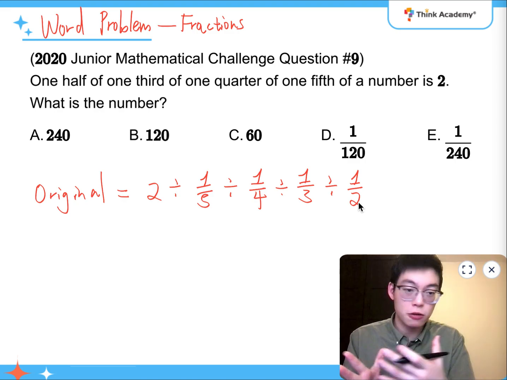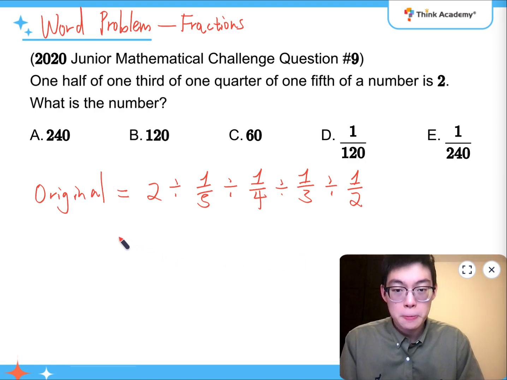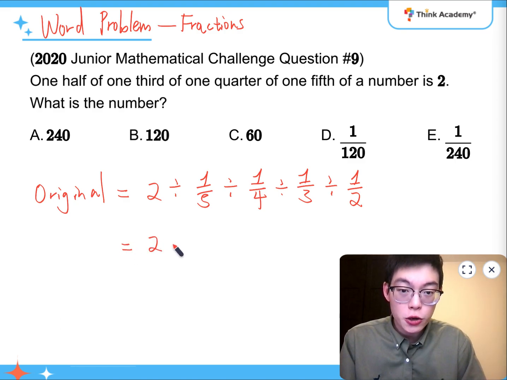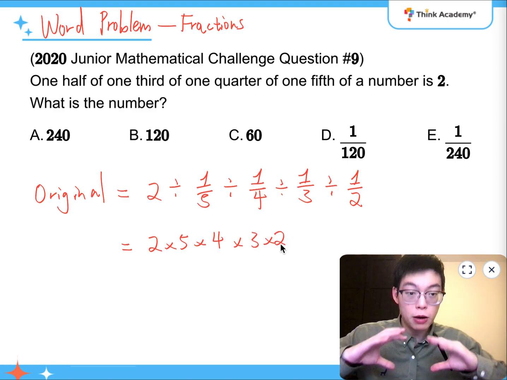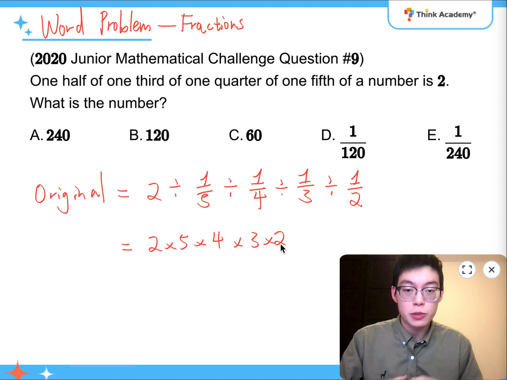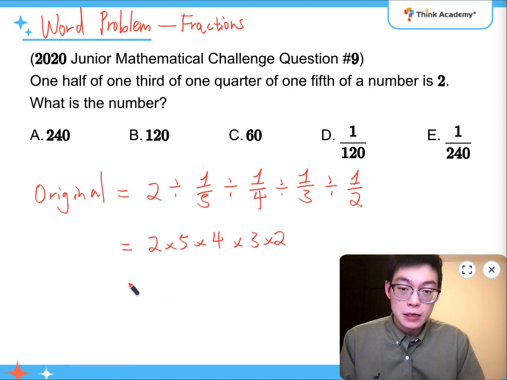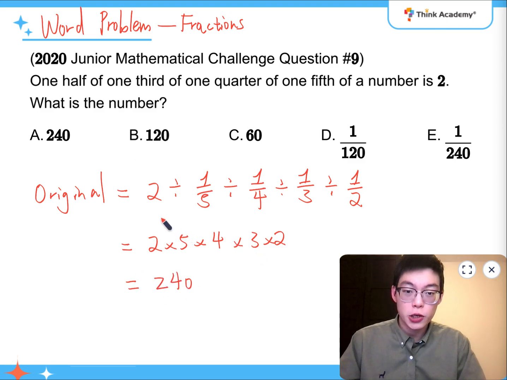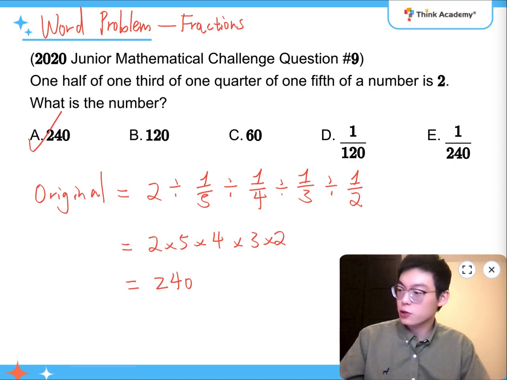Just trace it back all the way until you get to the original number. So that's just going to be 2 times 5 times 4 times 3 times 2, because dividing a fraction is multiplying the reciprocal of it, which means you flip the fraction and then you times it. And that's what we get. So it's going to be 240. 240 as the answer. So the answer is A for this one.